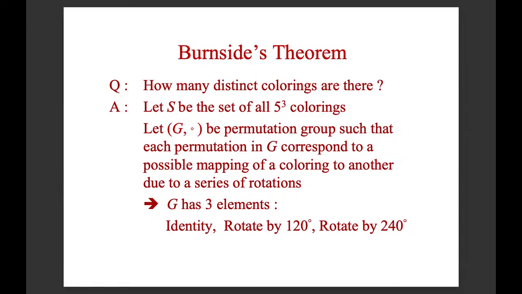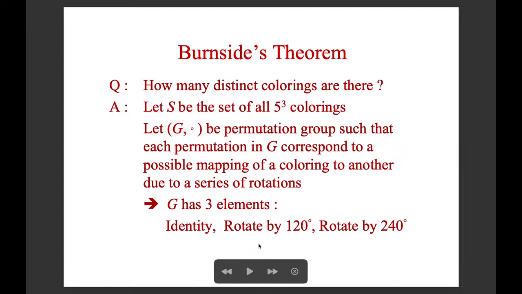But if it is like red, green, blue, after rotation by 120, it becomes blue, red, green. So it is different from red, green, blue. So if you want to have invariance after 120, it must be that all the vertices are colored by the same color.